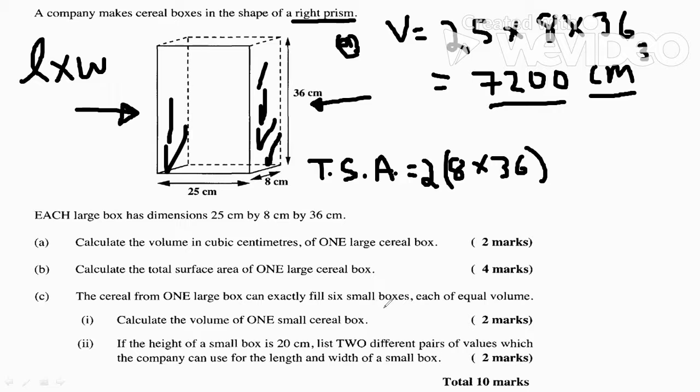So what does TSA mean? Total surface area. Plus, all right, let us look at the front side and the back side. You know, it's not a bad word here. It's actually the back side of the box.